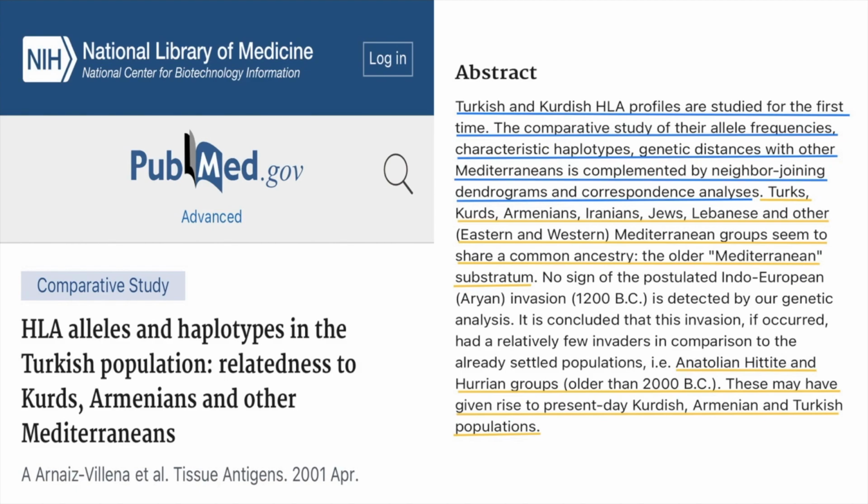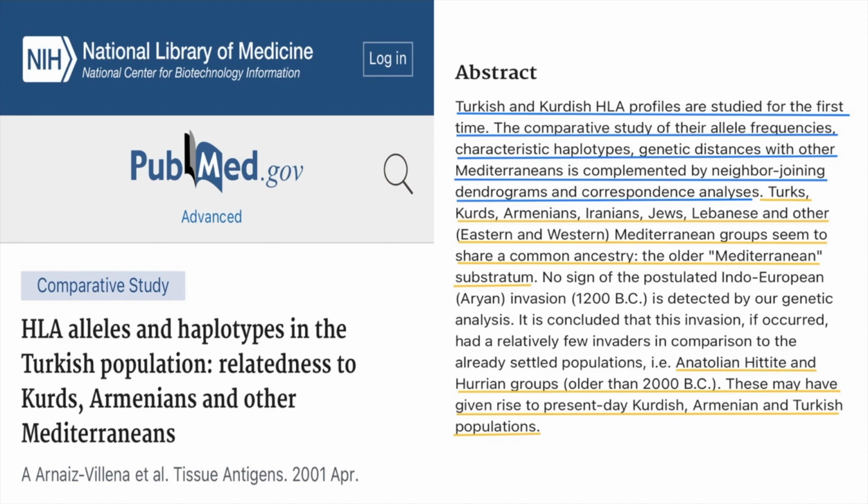So it's believed that Anatolian Hittites, an Indo-European population, and Hurrians, a Caucasian population, could have given rise to Kurds, Armenians, and Turkic peoples. And we just read about all the peoples who are related to each other, the Armenians, and these other Iranians and Lebanese and Turkish groups and such. They all may basically descend from these ancient Indo-European and Caucasian groups that once resided in the Middle East.